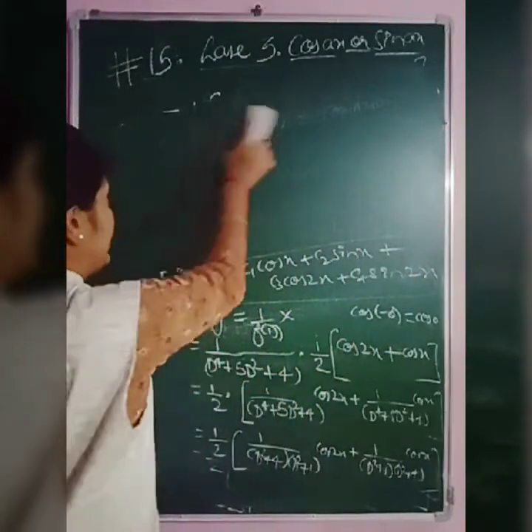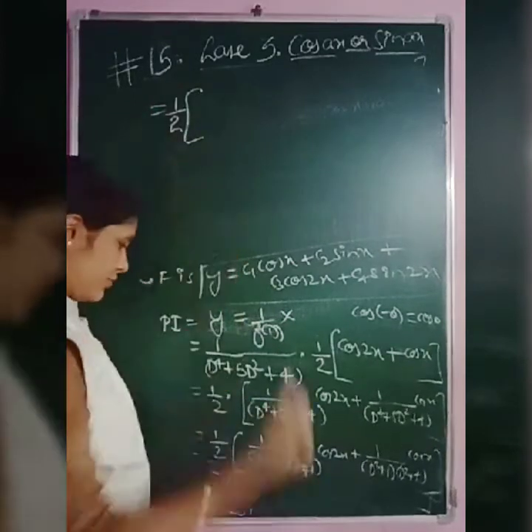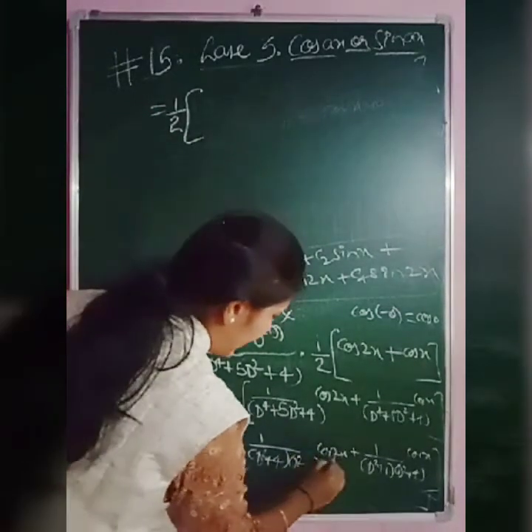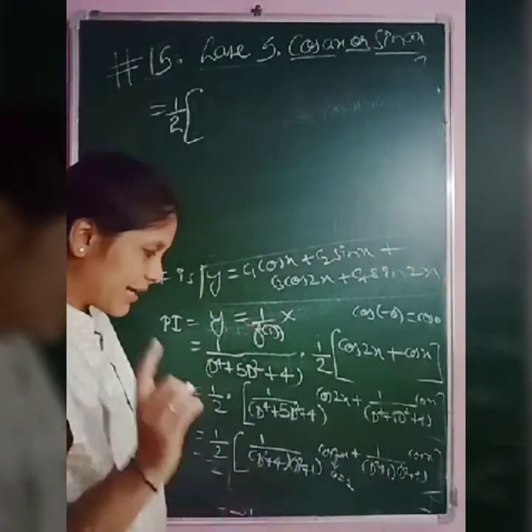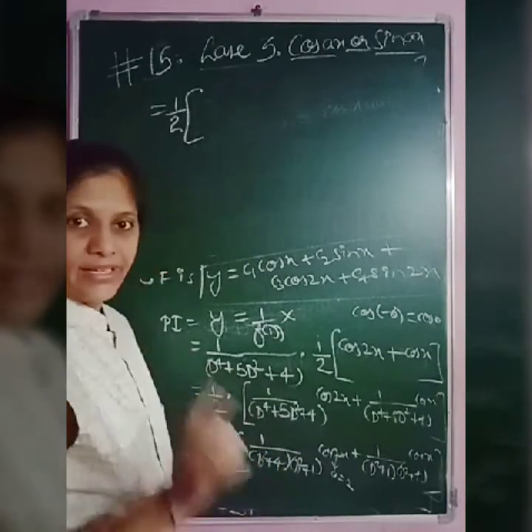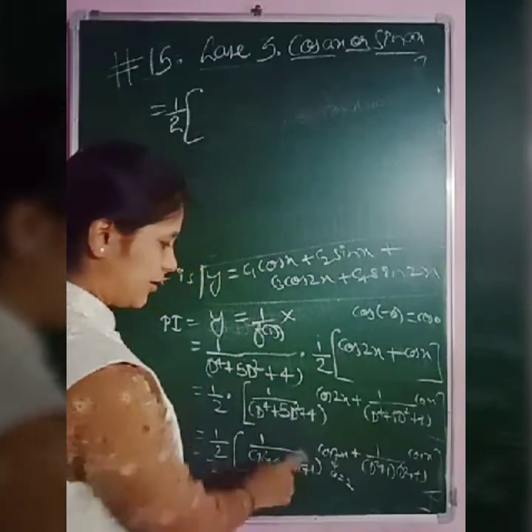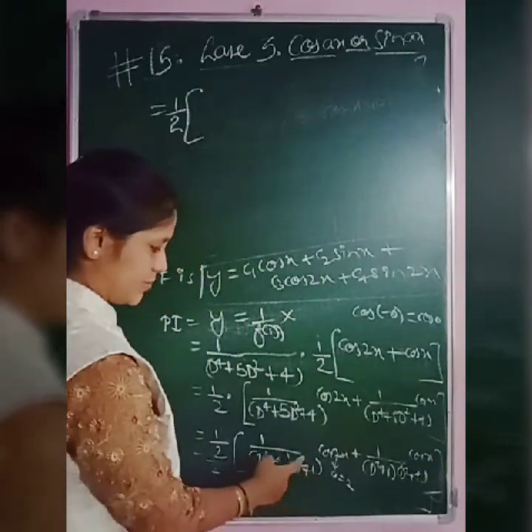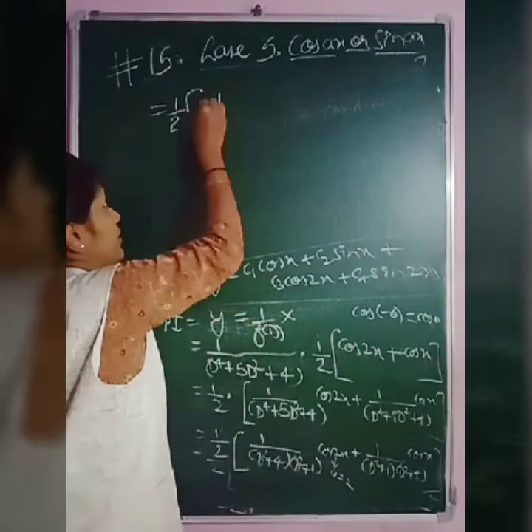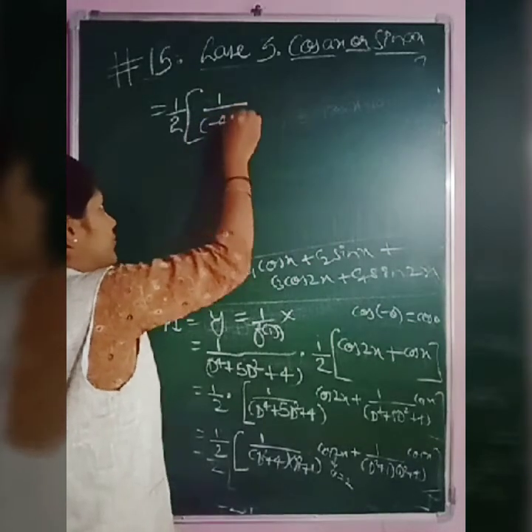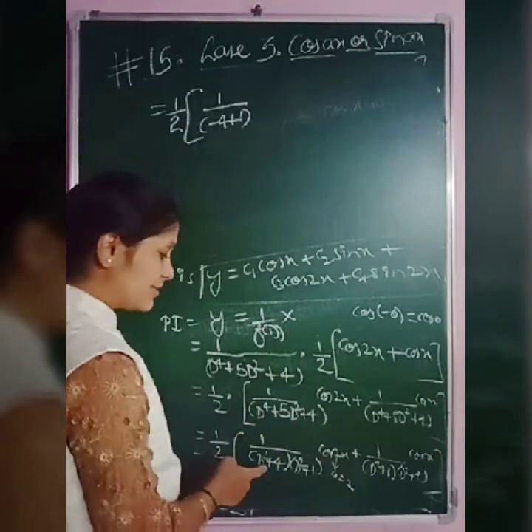So this can be written as 1 by 2 outside. Now for cos 2x, a is 2, d square is minus 4. Here when I substitute, we are getting 0. So here I have to multiply by x and differentiate the denominator. What about the other term? Then easily I can substitute. So firstly let me substitute here: 1 by minus 4 plus 1, with 1 upon d square plus 4 cos 2x. So it is giving 0.